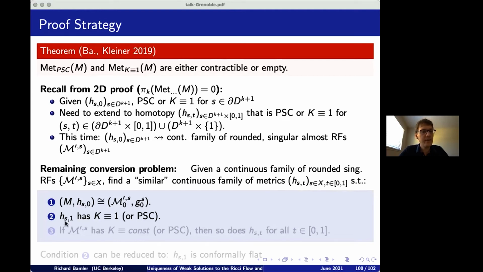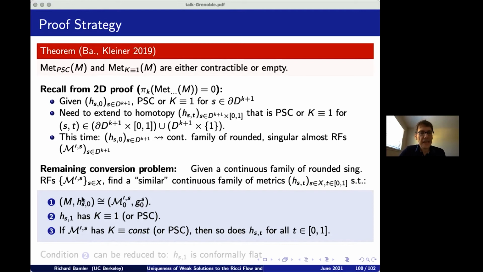We can guarantee this by requiring that H of S, 1 has constant curvature or is PSC. And moreover, we want the same whenever ST is in this subset. We can require that by saying that if the corresponding rounded almost Ricci flow has constant curvature or is PSC, then so does HST for every T from 0 to 1.